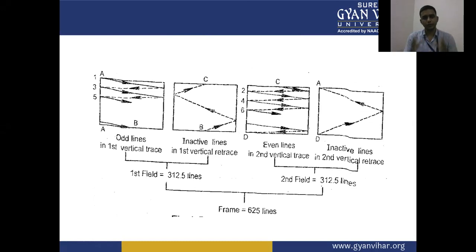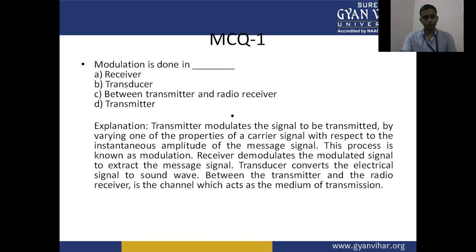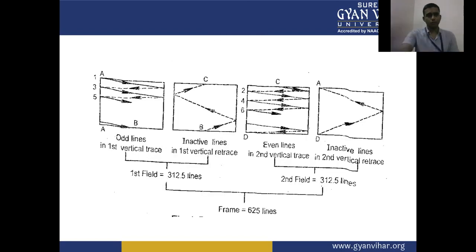So the total frame consists of 40 retrace lines, that is inactive lines. So this is the complete scanning process of the electron beam or scene or picture in the television transmission and reception system.